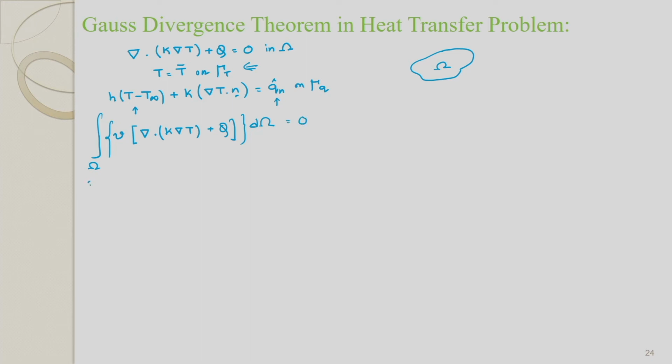Now, we can write this first term here. Temperature is scalar, gradient of temperature is vector.